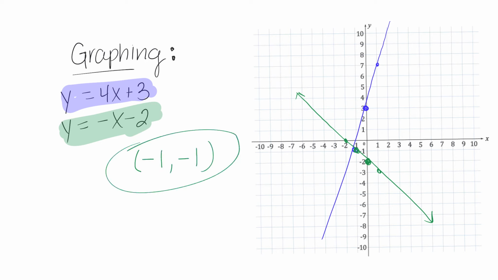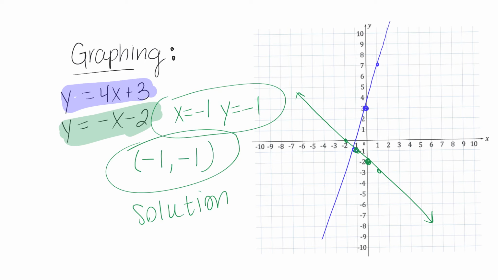And boom, answer. This is our solution. And this is actually just what we had before. x equals negative 1, y equals negative 1. We're just writing it in coordinate form, and coordinate form makes a lot more sense when you're dealing with a graph, but even when you're dealing with substitution, it's the same.